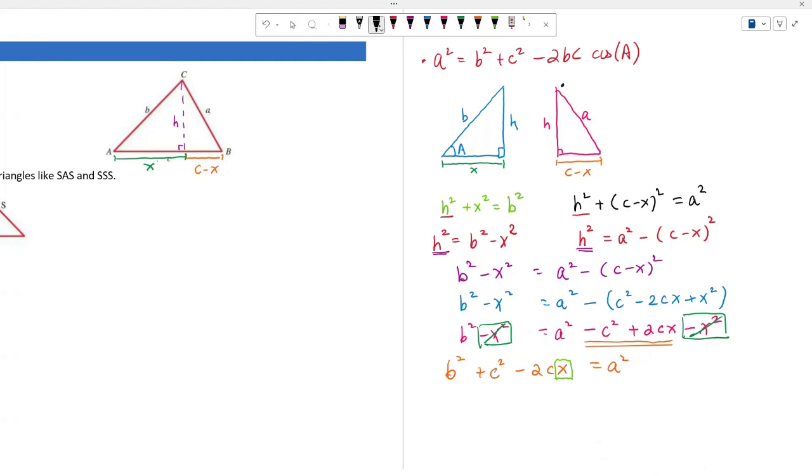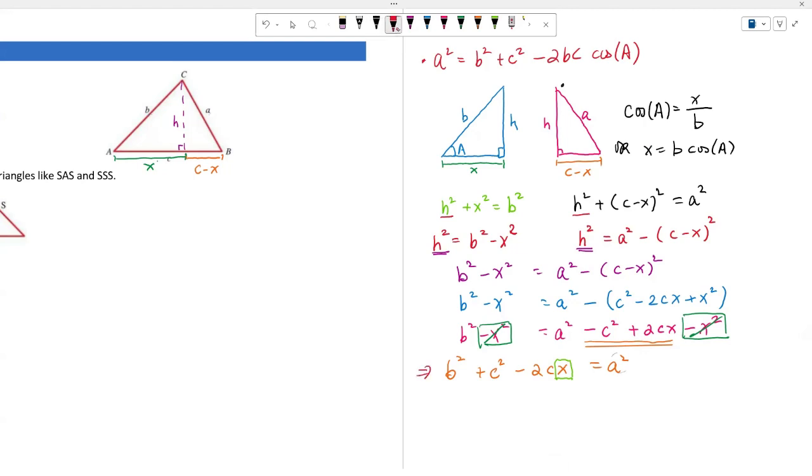Then now I need to take care of this x. Going back to this triangle here, we find that cosine of A equals adjacent over hypotenuse, or x equals b times cosine of A. Now let us go back to this.